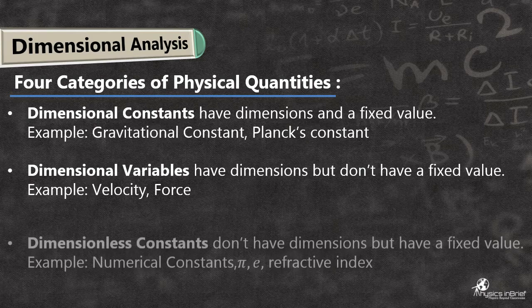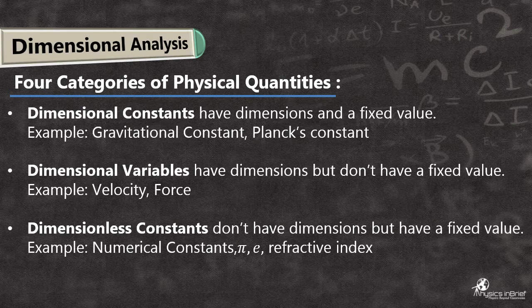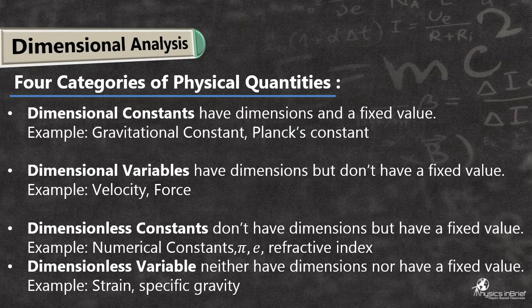Number 3, dimensionless constants, which don't have dimensions but have a fixed value. Example: numerical constants, pi, e, refractive index. Number 4, dimensionless variables, which neither have dimensions nor have a fixed value. Example: strain, specific gravity.